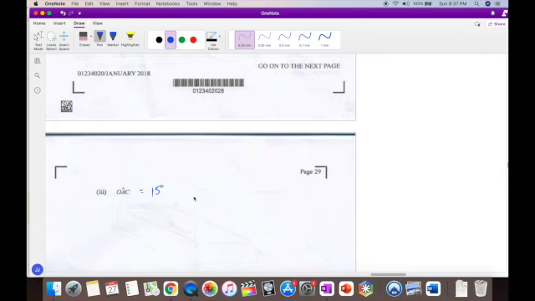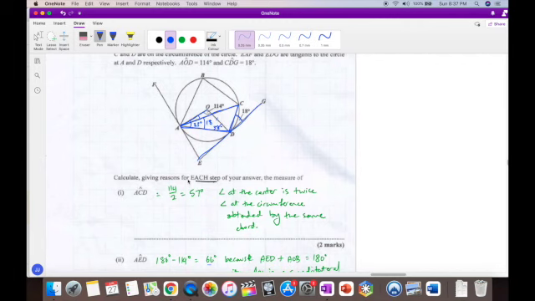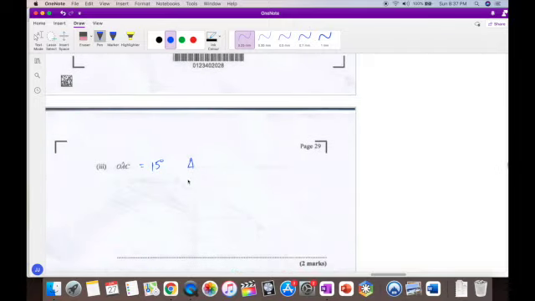Why? Because we could say the angle OAD is 33 degrees. So let's go with that first.